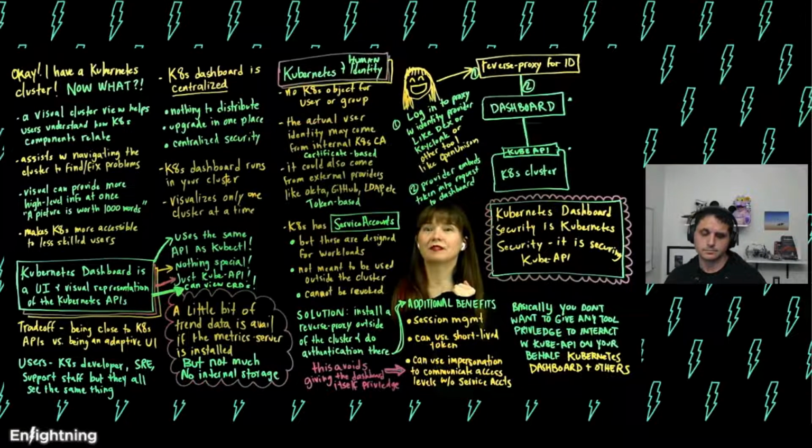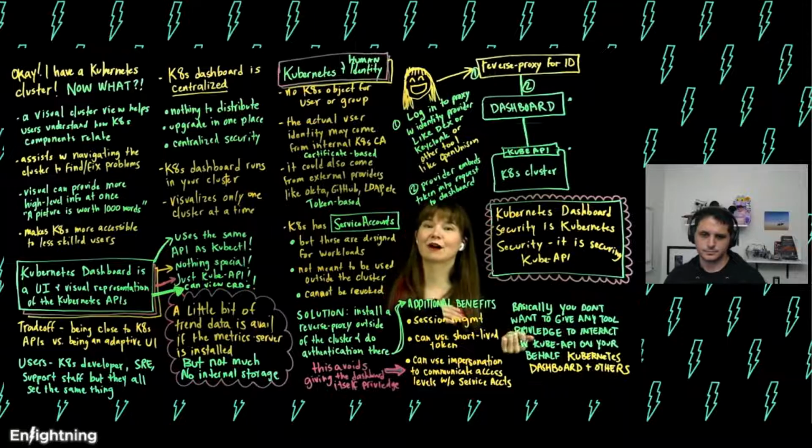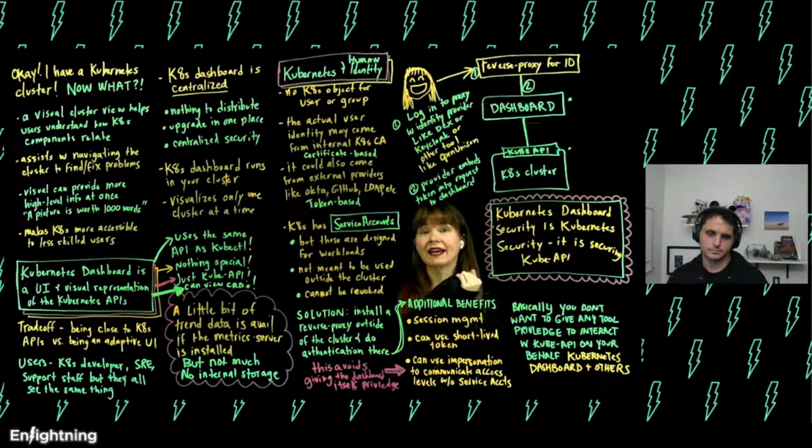So to talk about that problem more, we talked about just the problem of identity in Kubernetes generally, human identity in Kubernetes generally. There's not a Kubernetes object for a human user. We have a service account that's designed for workloads, to give identity to workloads, but that's not designed to give identity to humans. So human identity is understood by Kubernetes right now in a couple of ways.